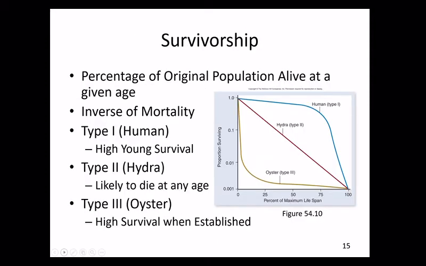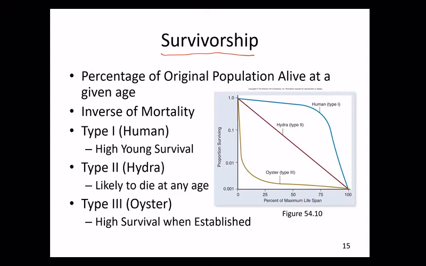This brings up another consideration when we talk about population growth, and that's survivorship. Well, what do we mean by survivorship? We could describe survivorship as being the number or percentage of individuals from a population or from a generation that is alive at different points throughout their life cycle. Okay?